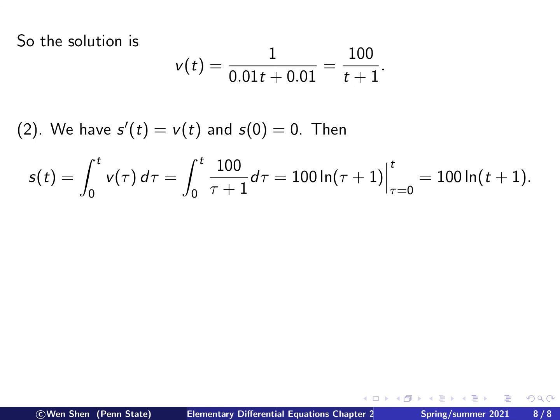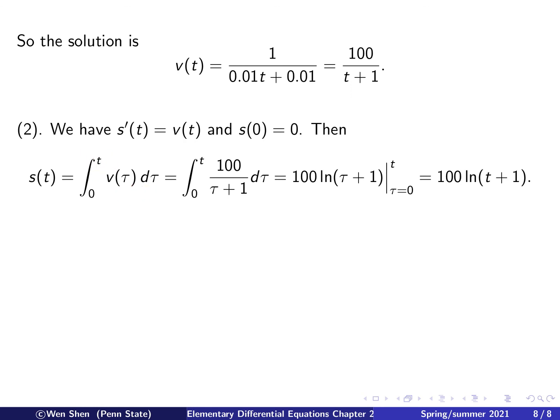Now for the second question, the position s, we know s prime is v, and we also know s0 is 0, so to find s, we just integrate v. Knowing that s0 is 0, we can do a definite integral from 0 to t, because s of t minus s0, and s0 is 0. Let's call the parameter tau to say it's an integration variable, not the t here.